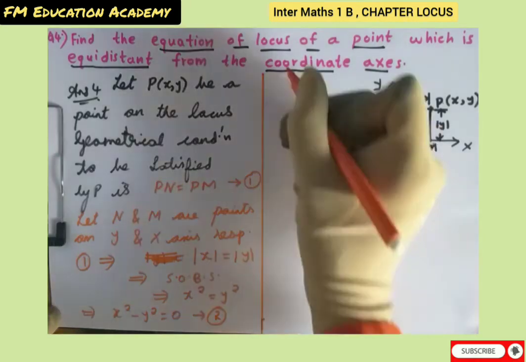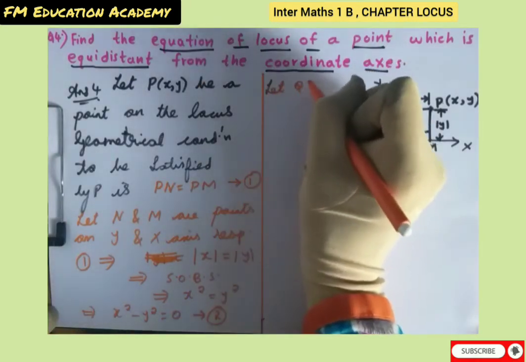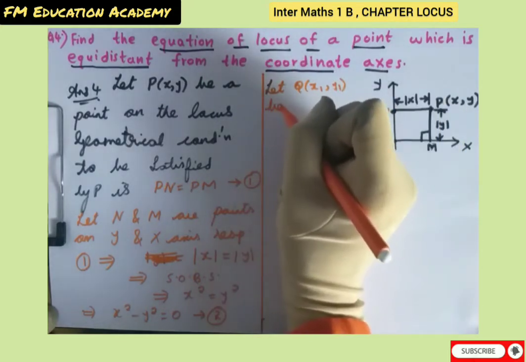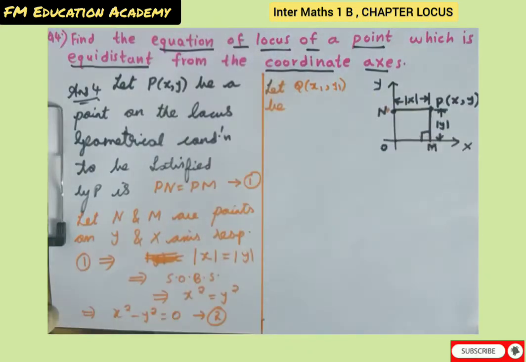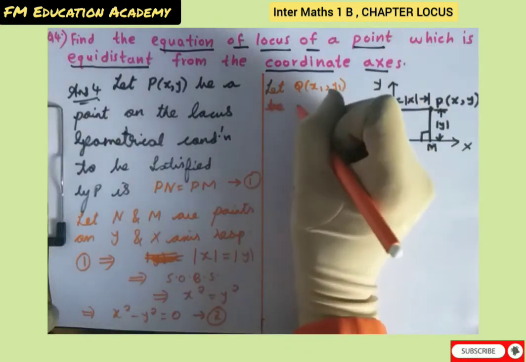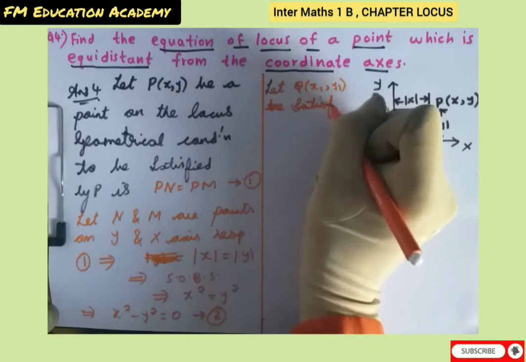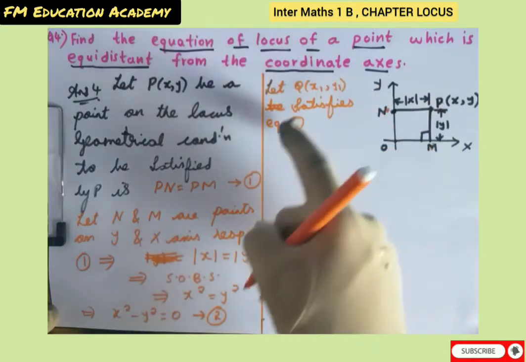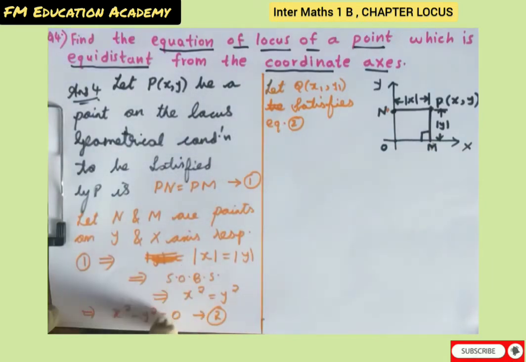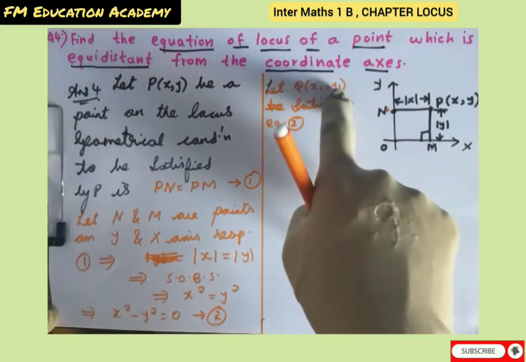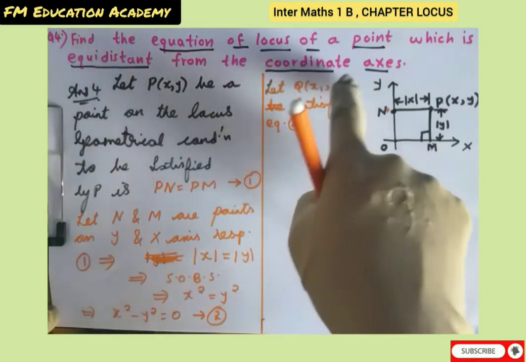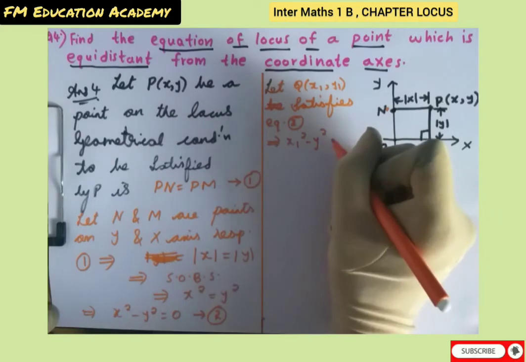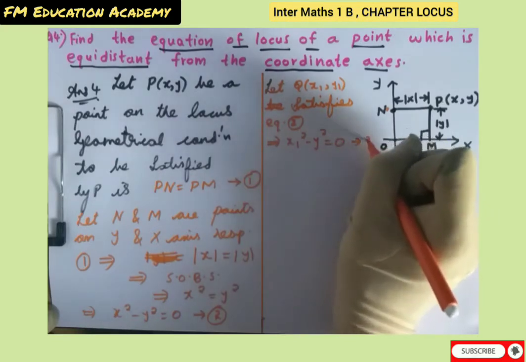Let Q x1 y1 be a point satisfying equation 2. Since Q x1 y1 satisfies equation 2, in place of x and y substitute x1 y1. So x1 square minus y1 square is equal to 0. This is our third equation.